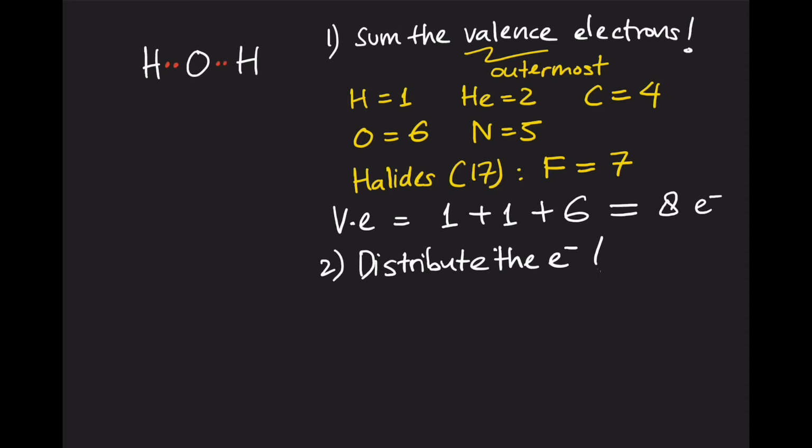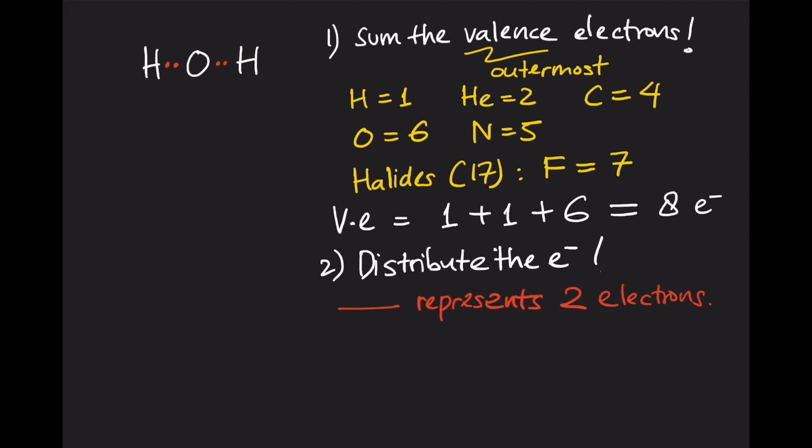Now, if you see a line in a covalent structure, one line represents a pair of electrons, or 2 electrons. And in this case, after we distribute the electrons, we can tell that we are missing some. We should have 8 electrons to be distributed, and we have only put 4. So 1, 2, 3, and 4. So we are missing 4 more. We have to put 4 more electrons somewhere in the structure.